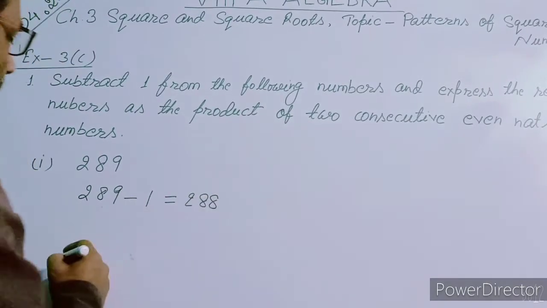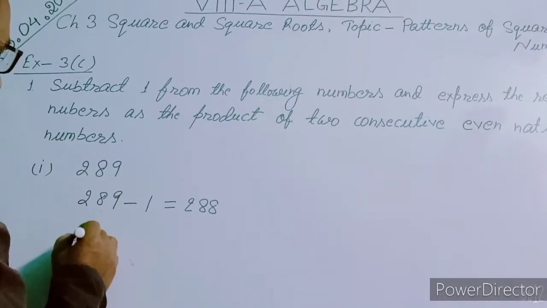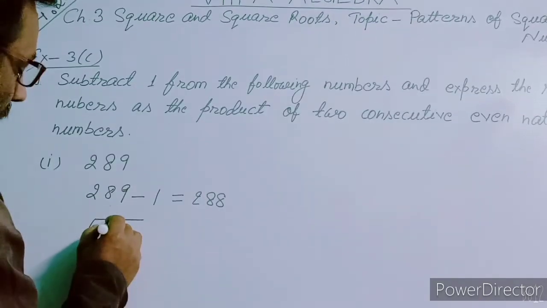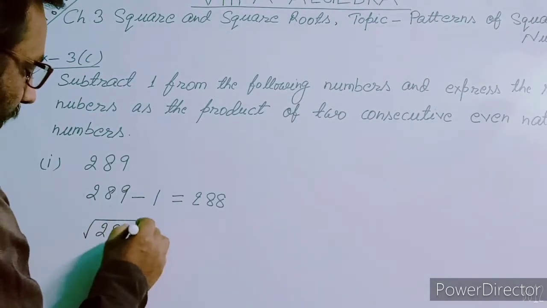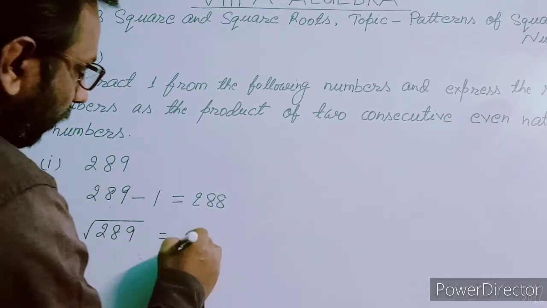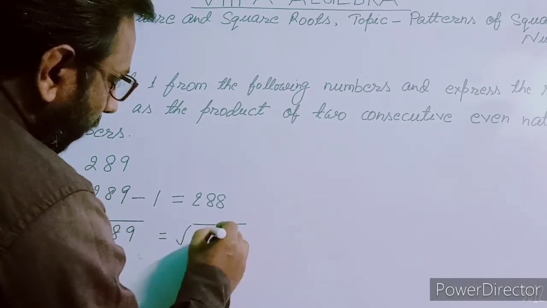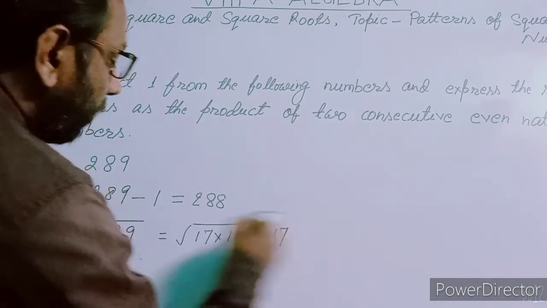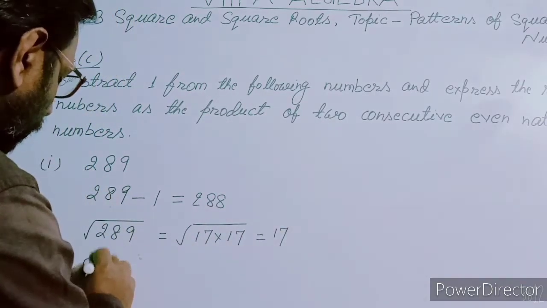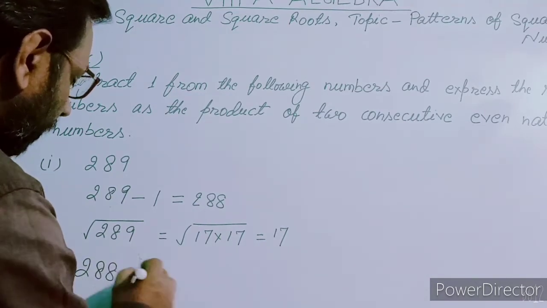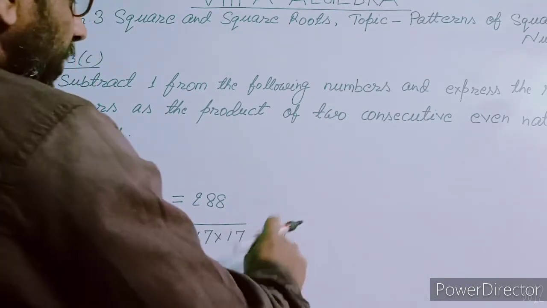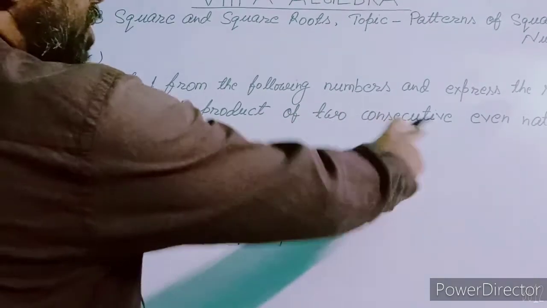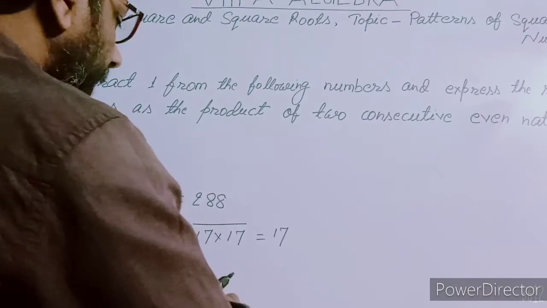288. Now we find the square root of 289, that is equal to square root of 17 into 17, and that is equal to 17. So 288, we will write as the product of two consecutive even natural numbers.